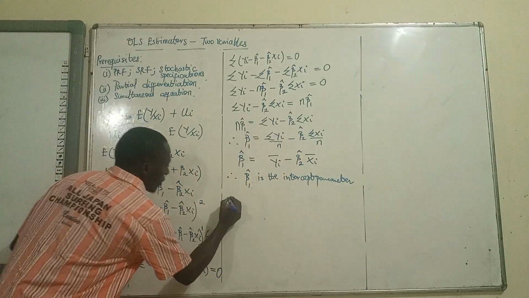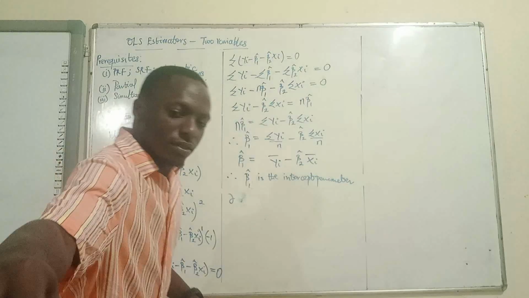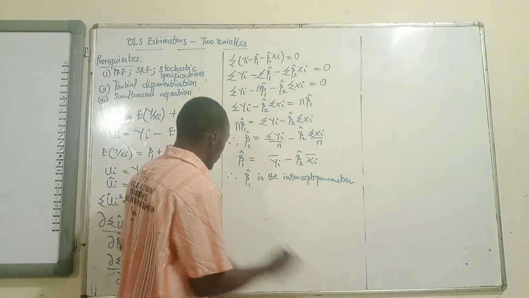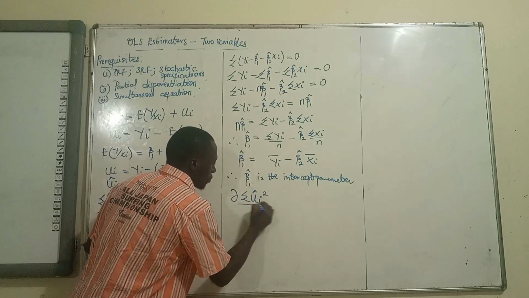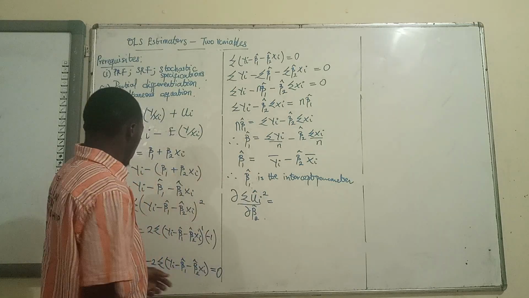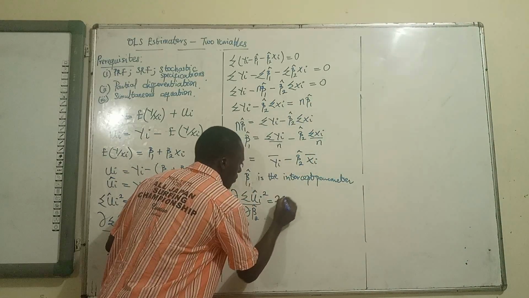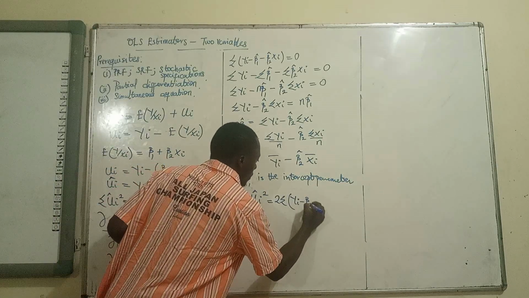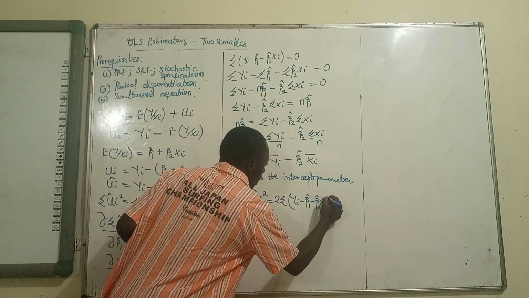So the summation, so we have this with respect to beta 2 cap as we bring the power down also. So you have 2, then you write everything that is inside, yi minus beta 1 cap minus beta 2 cap xi.